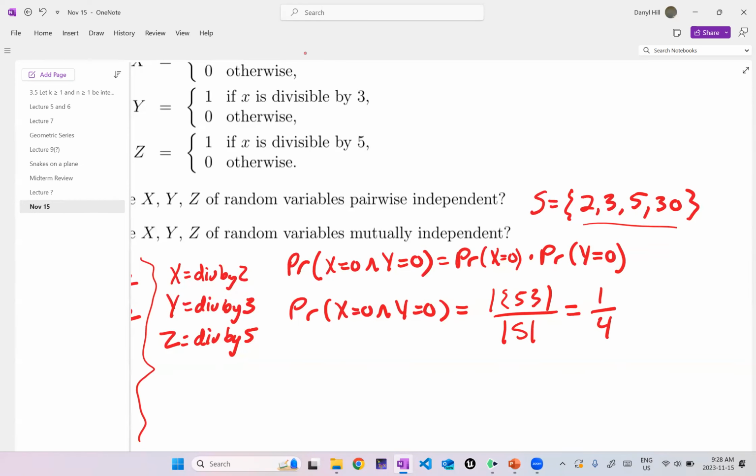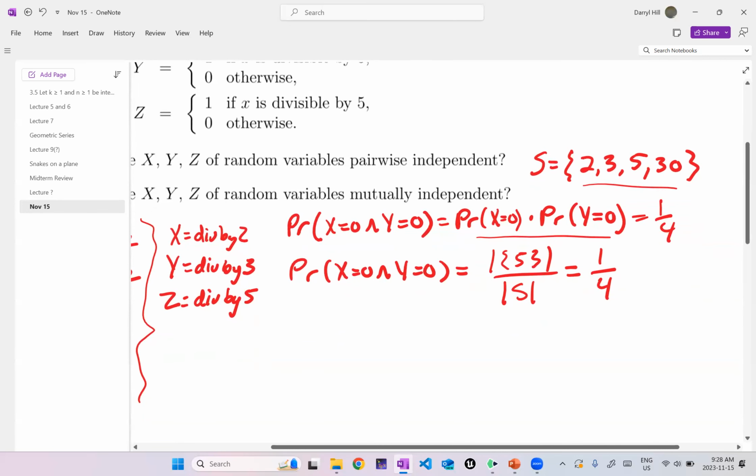Okay, so x equals 0 and y equals 0 is independent because we know that the right-hand side is also equal to 1/4. All right, so now, any questions? We're going to start moving quickly through them now that we have the hang of it.